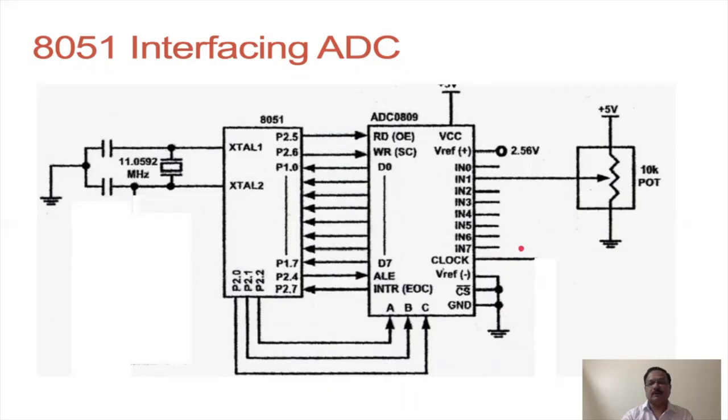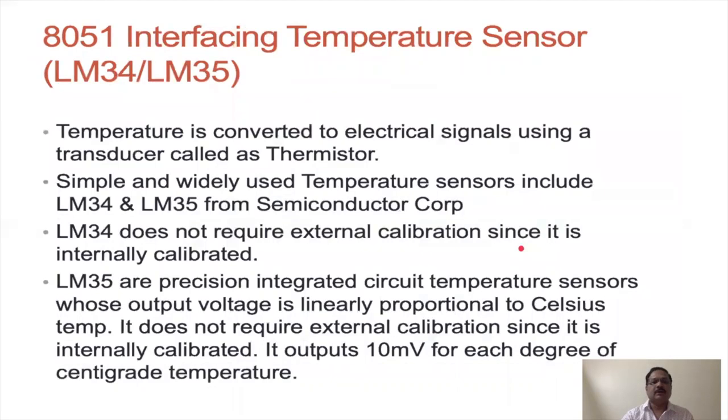Well, going to the next, as an example, let us discuss the temperature sensor. Temperature is the physical quantity which is converted into an electrical signal using a device called the thermistor.